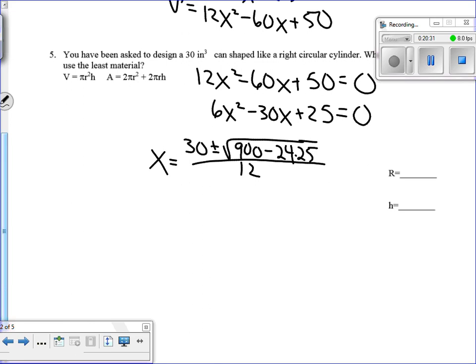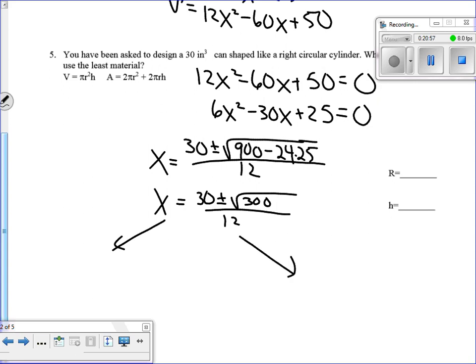So 24 times 25, I believe that's going to be 600. So 900 minus 600 is 300. So we have x equals 30 plus or minus the square root of 300 over 12. Now, I'm not even going to bother breaking down the radical, okay? We're just going to write down what the two answers are, because we can use our calculator with this.